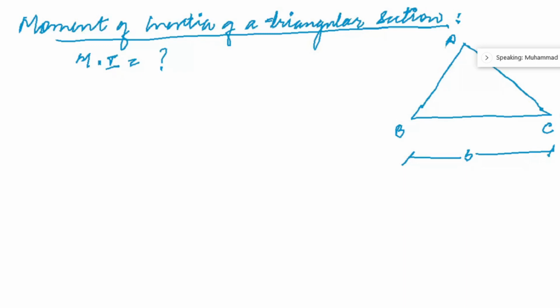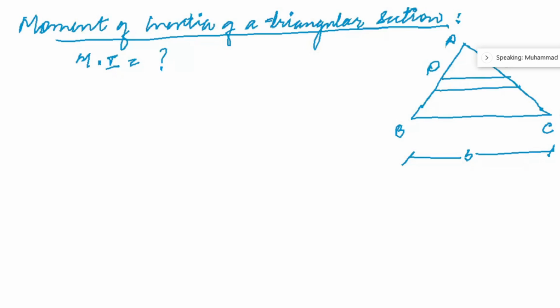Now, what we actually do in a triangle, or in any figure, is consider an elemental area, a small strip of a plane figure, and we see what the inertia of that particular elemental area will be.